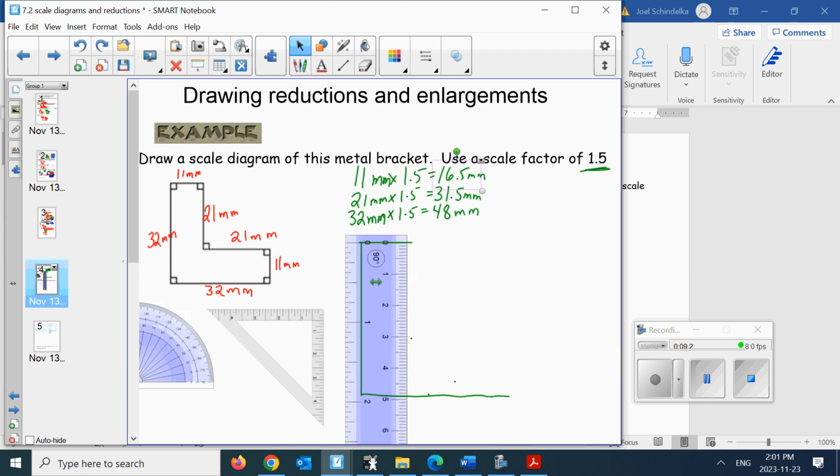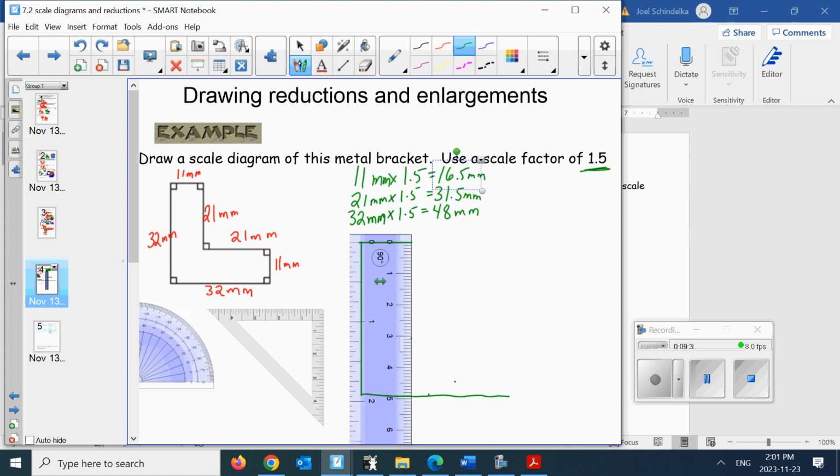Move it over. And instead of 21 down, I'm going to go 31.5. Then I'm going to do another 31.5.